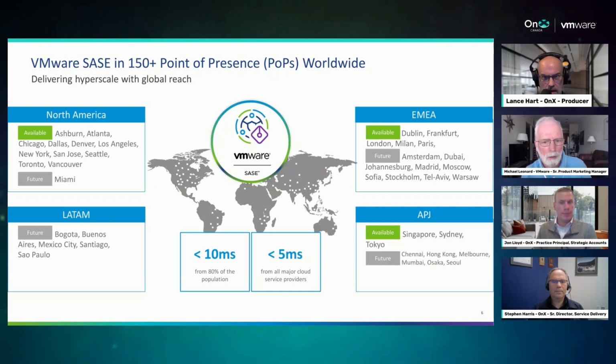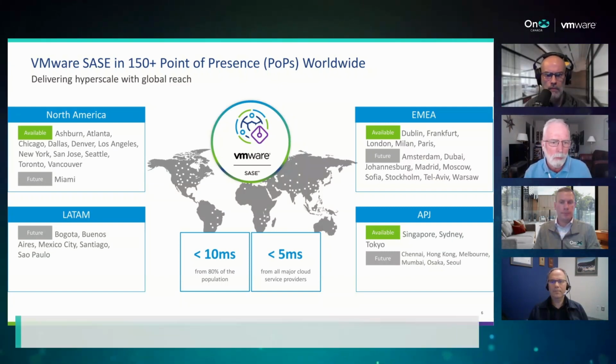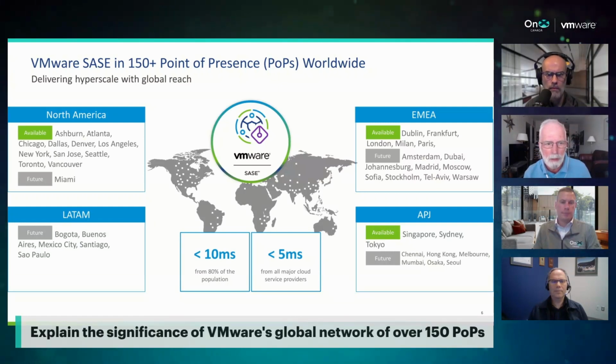Sure. What makes this so unique? What's special about this? Well, we're there where the applications are and where the users are. So traffic doesn't have to go back to some central location that might be far away and introduce hops in the network and latency. So the entire SASE platform sits in these 150 different locations.